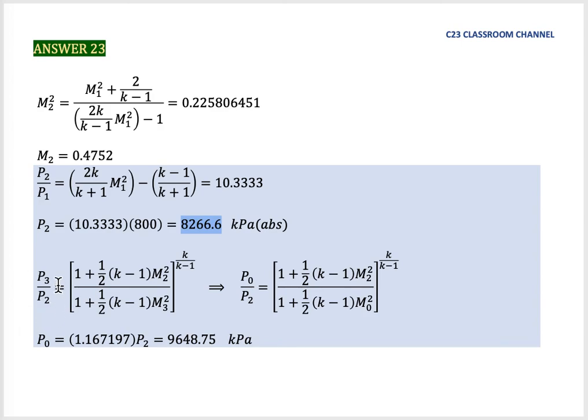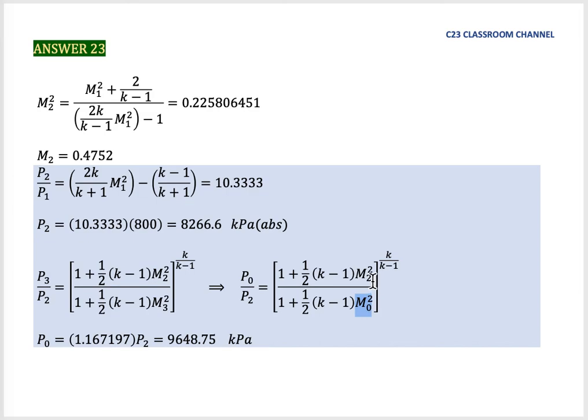Then we need to calculate the stagnation pressure, because point number 2 and point number 3 are both after the shock wave, so the flow is isentropic. We can calculate the ratio between P3 and P2 by using the isentropic flow equation like this. We substitute all the values. M3 is the stagnation condition, meaning the value of M3 here is equal to 0.